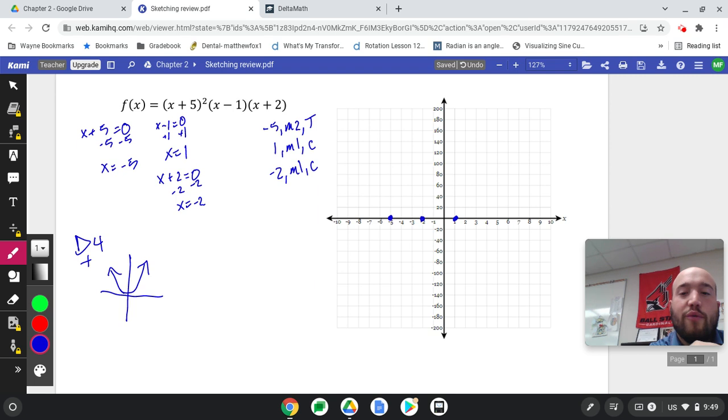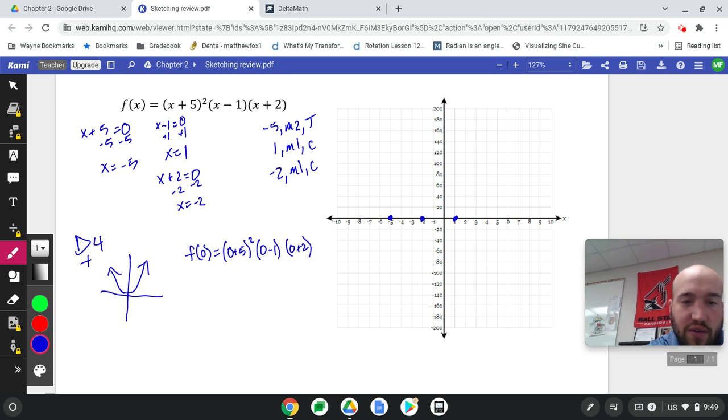Now, the final thing we need to do before we can graph is find that y-intercept. So to do that, we know the y-intercept cuts through x at 0. Okay, so if we put 0 in for x, we will find the y-intercept. So f of 0 will give us our answer. So 0 plus 5 squared times 0 minus 1 times 0 plus 2.